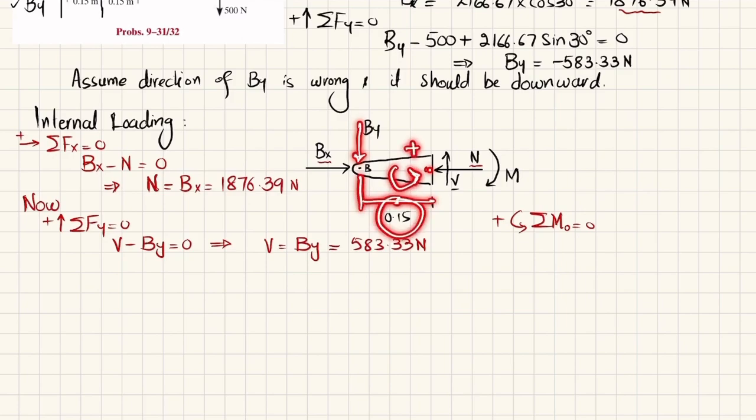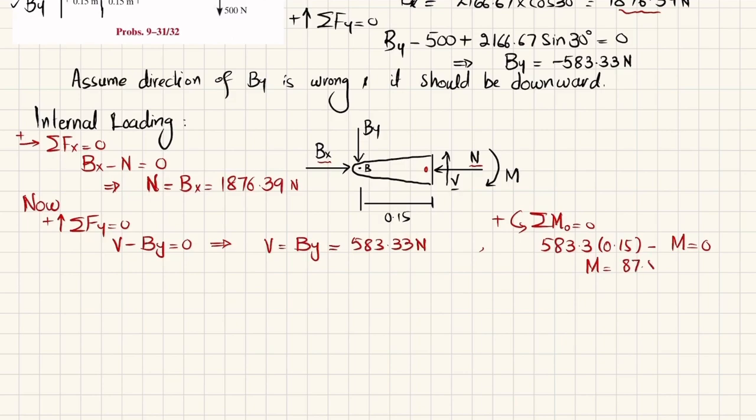This is counterclockwise, so it is positive, and the external moment M is negative. Their sum must be equal to 0. So I will write 583.3, which is By, times the perpendicular distance 0.15, minus M is equal to 0. And from here you will get the moment equal to 87.5 Newton meter.